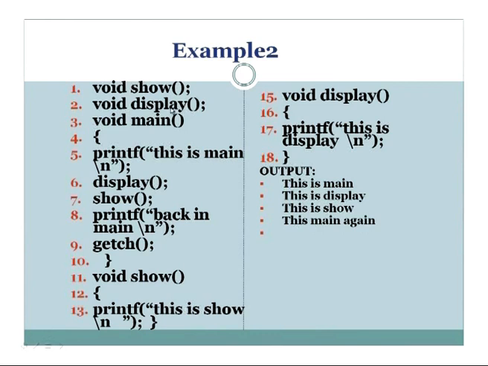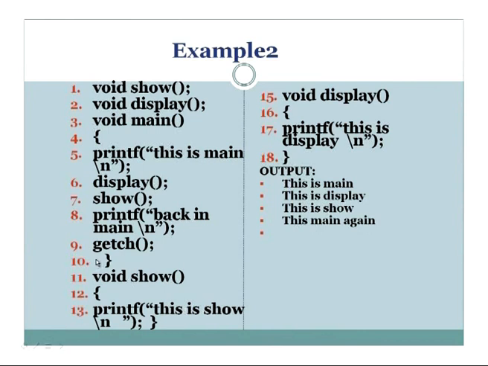Similarly, there is another function with the name display, return type void. You should remember that a function declaration statement is terminated by a semicolon. Then the main function has been defined. The body of the main function starts at line number 4 and it ends at line number 10.